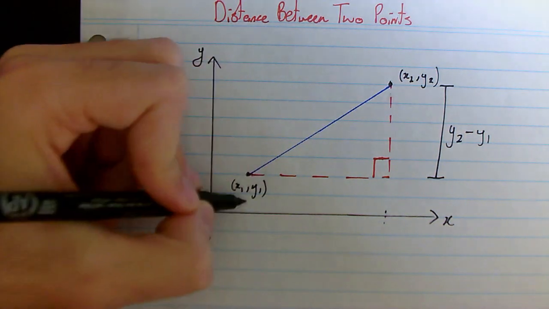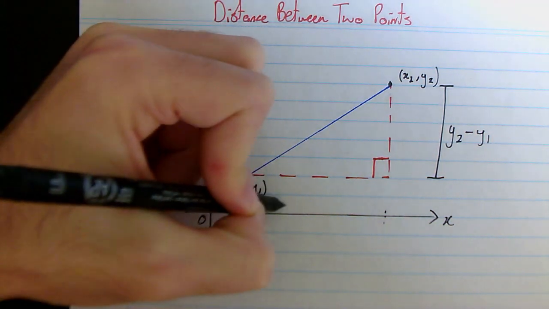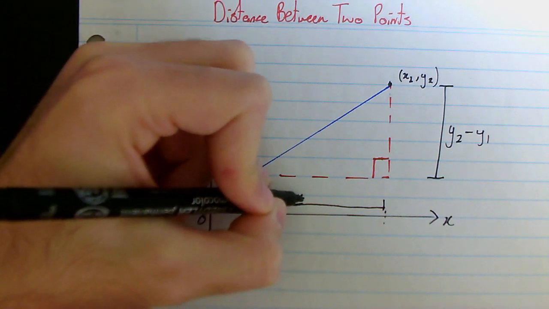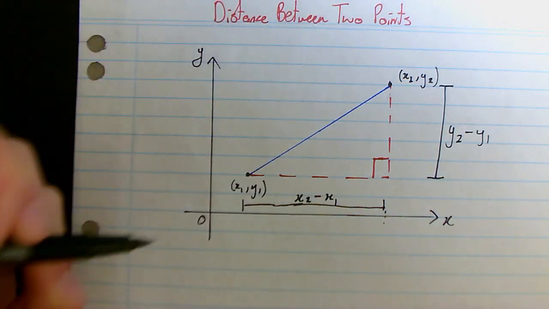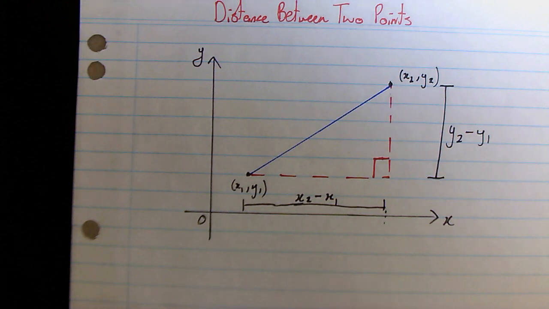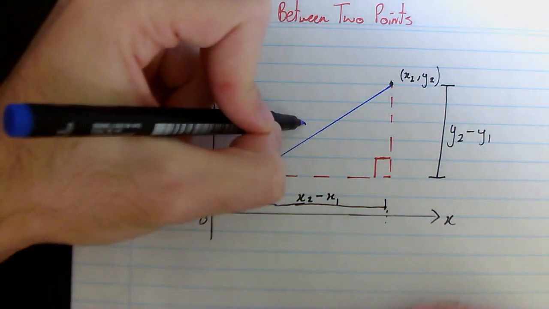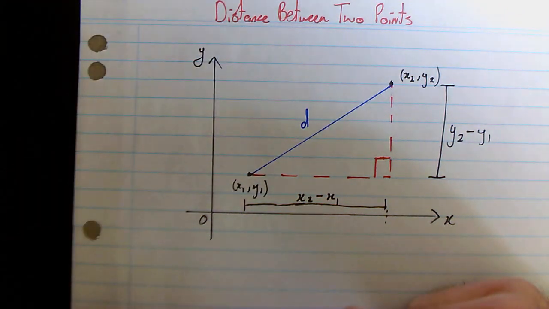By a similar argument, the horizontal length of this triangle is equal to x2 minus x1. I'm going to say that this distance here is d.